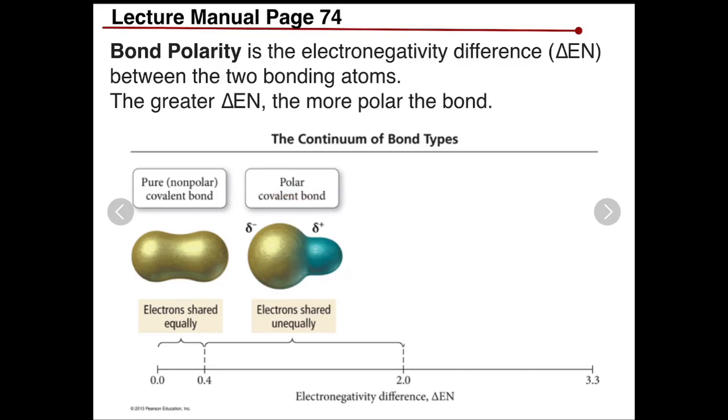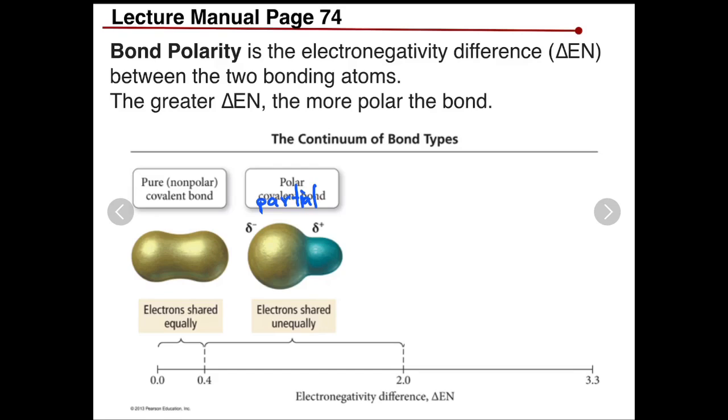Polar means it creates two different charges. The atom with the higher ability to withdraw electrons pulls electrons from the other, creating a partial negative charge. The other, which is not able to pull electrons much toward itself, becomes the partial positive charge. Again, the delta sign indicates partial. Partial means it has not completely or fully become a real charge yet.